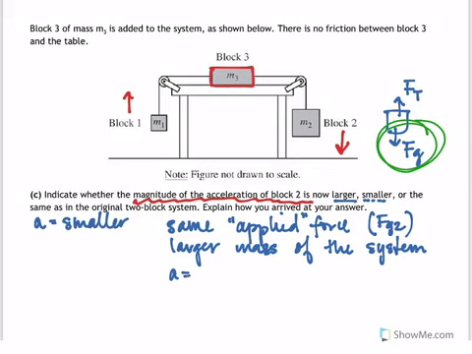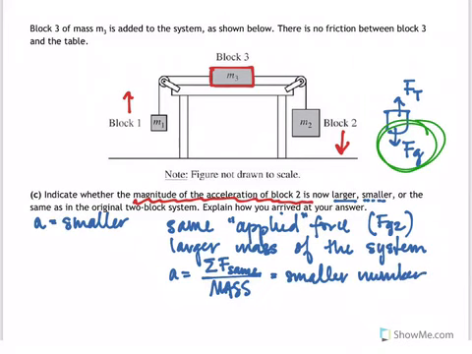So, if we have a force on the top that is staying the same, then what we have here is a much larger proportional mass. This is a smaller number. So that's the sort of proportional way to reason through this problem. I'll also work through the mathematics right now so that you can see how that goes, okay?